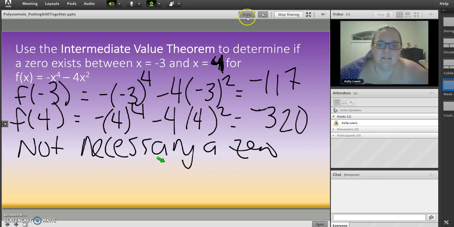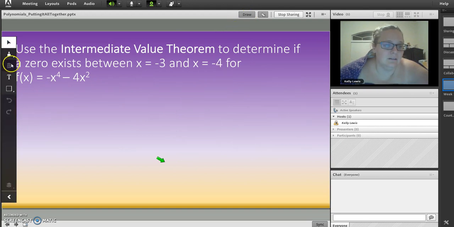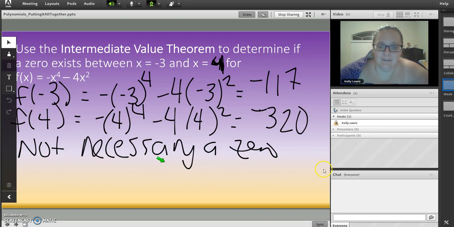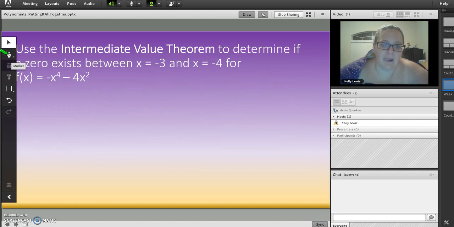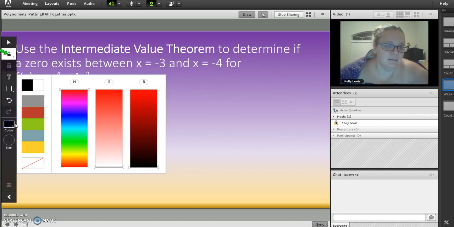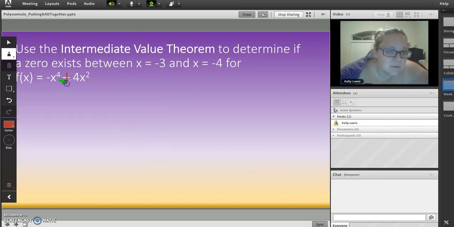Let's change this a little. Okay, I'm going to do one more problem. All right, I'm going to change it to this. Change this to plus. That's what it should have been. I just did a typo. And then change this to negative 3, negative 1.